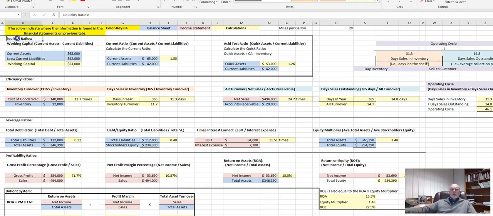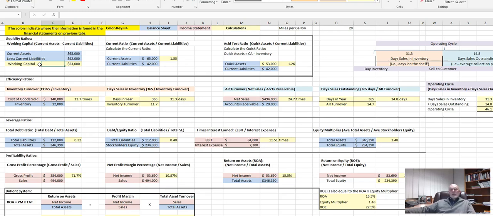With regards to liquidity, in other words, how well positioned are we to pay back debts and expenses that are coming up in the near future. One thing we want to be aware of is our working capital position.